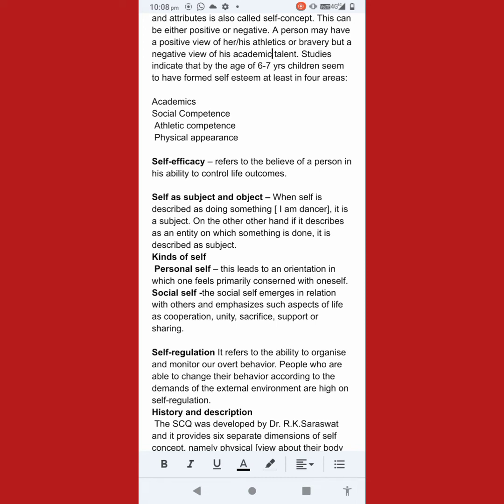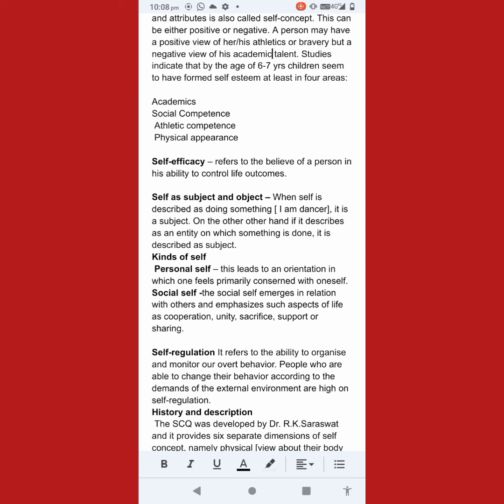Then, self as subject and self as object. This is another topic related to self in chapter 2, which you will be mentioning, since this test is related to self. When self is described as doing something, that is self as subject, who is doing something.